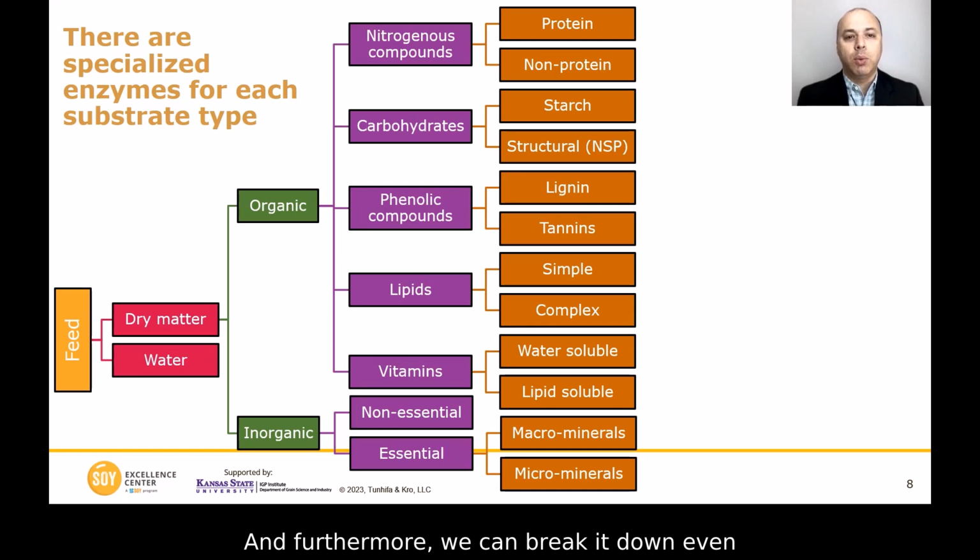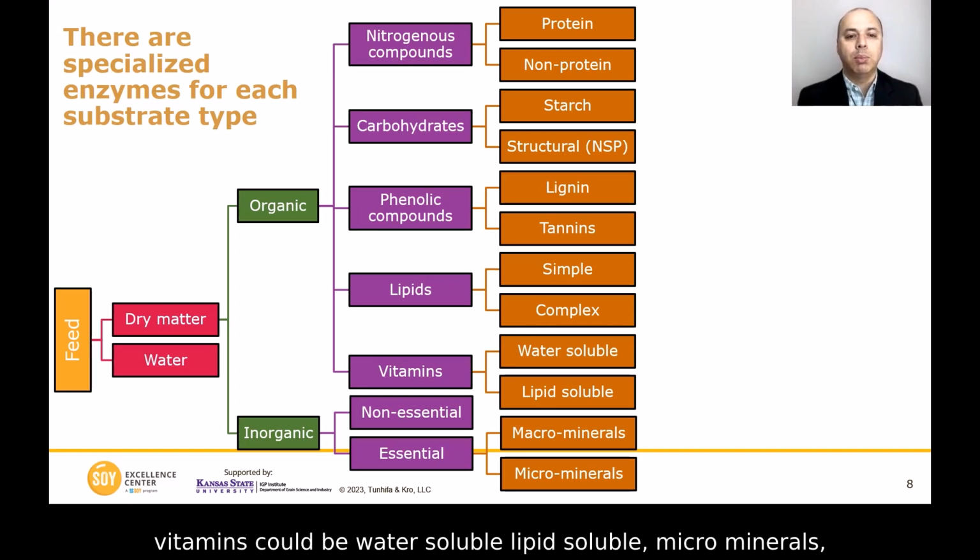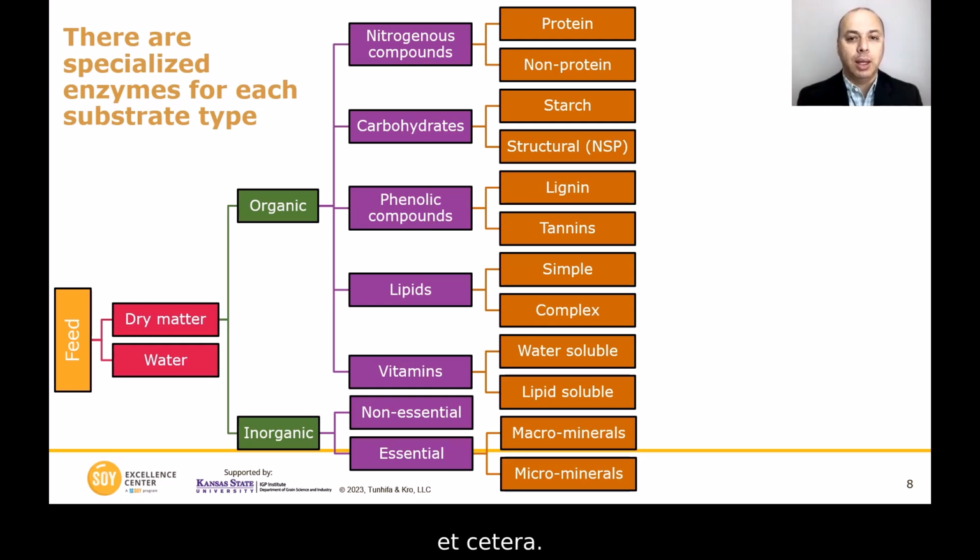And furthermore, we can break it down even more into protein and non-protein molecules, starch and structural carbohydrates or fiber, lignin, tannins. The lipids could be simple, could be complex. Vitamins could be water-soluble, lipid-soluble, microminerals, etc.